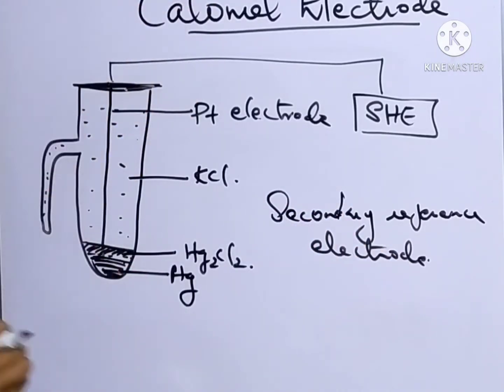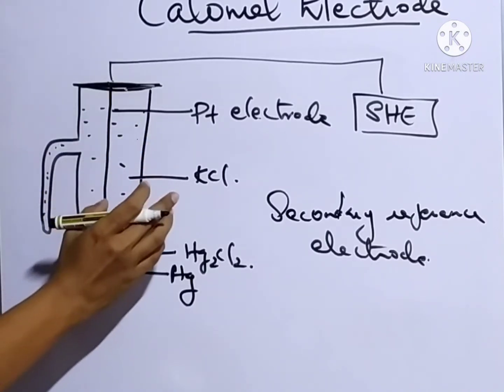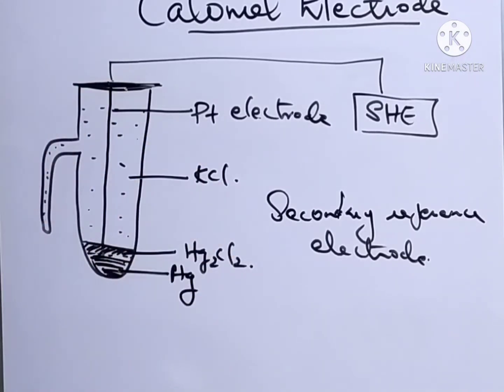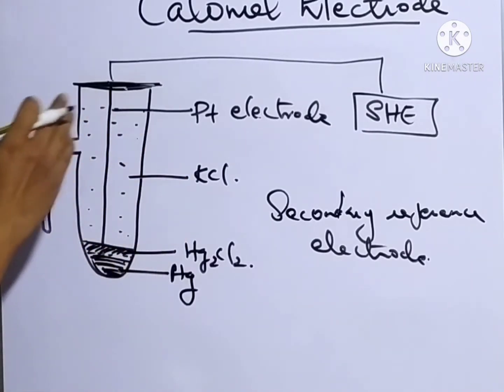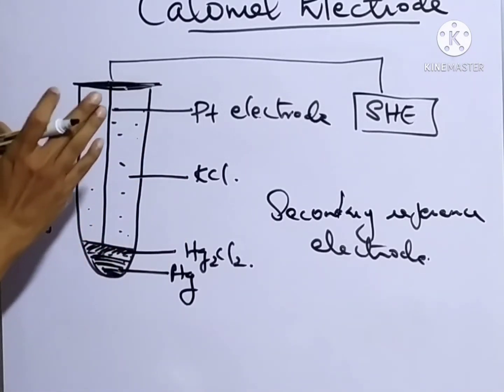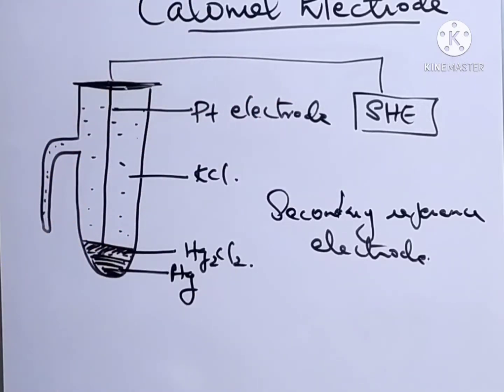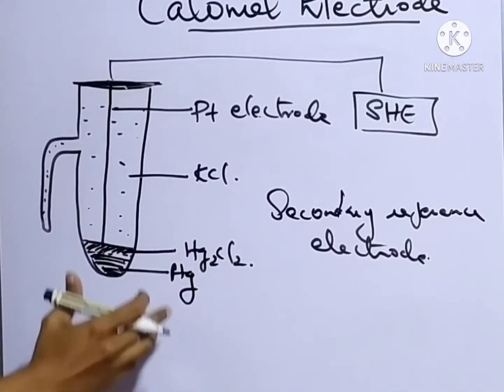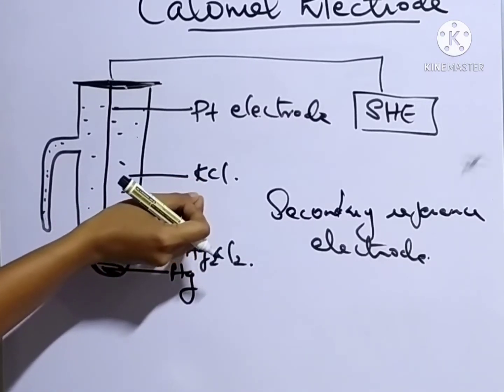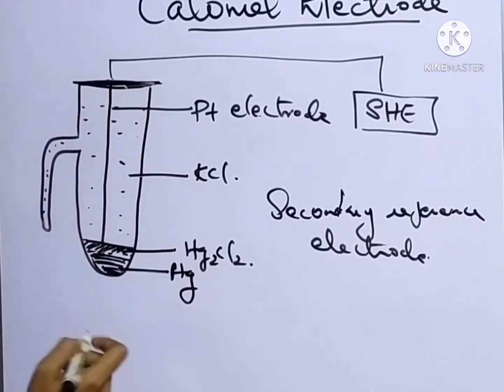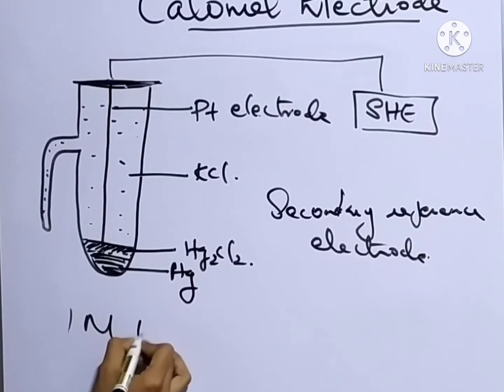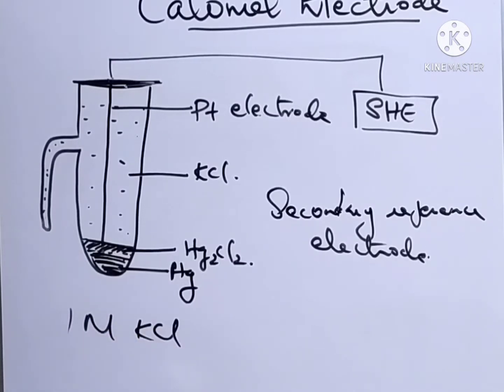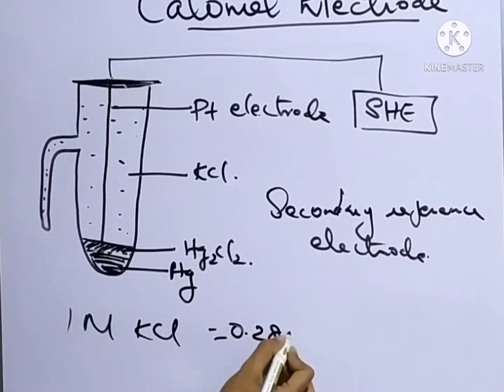Normally, the individual electrode potential of the calomel electrode depends on the concentration of KCl. Here, KCl is used as a salt bridge between the calomel electrode and the second half cell we are using, but the electrode potential depends on its concentration. If we use 1 molar KCl, then the electrode potential is found to be 0.28 volt.